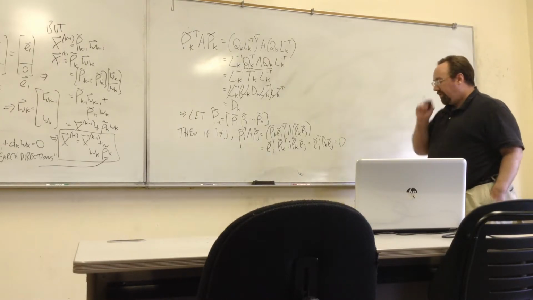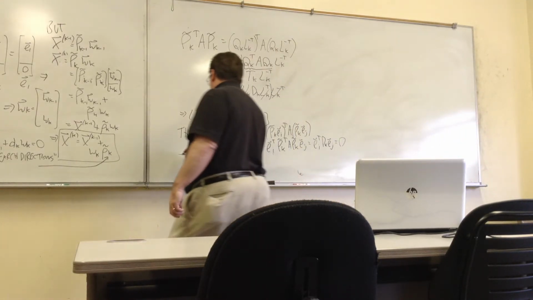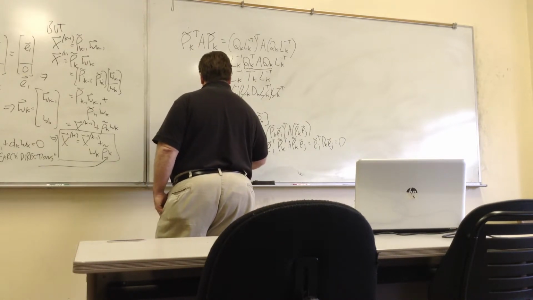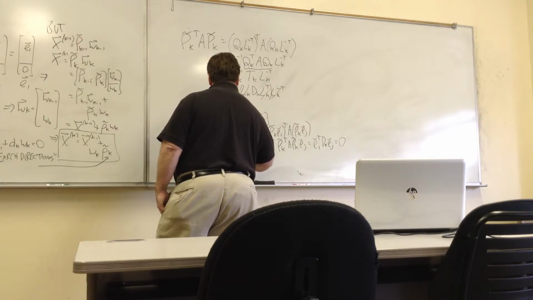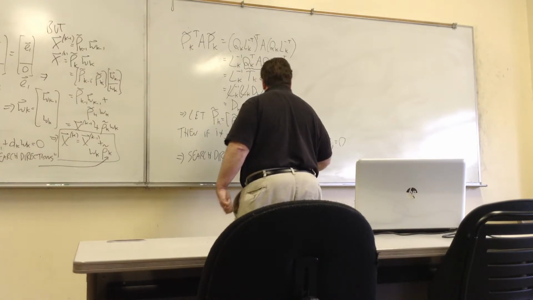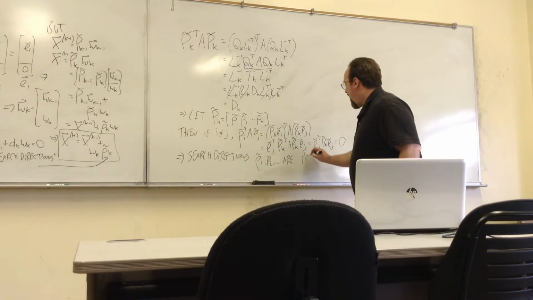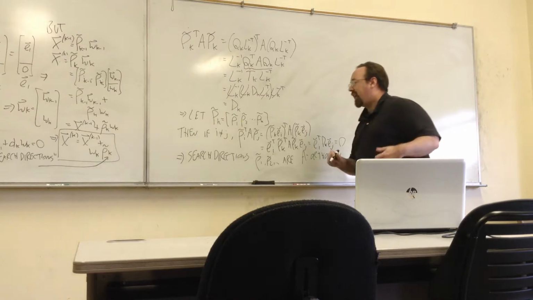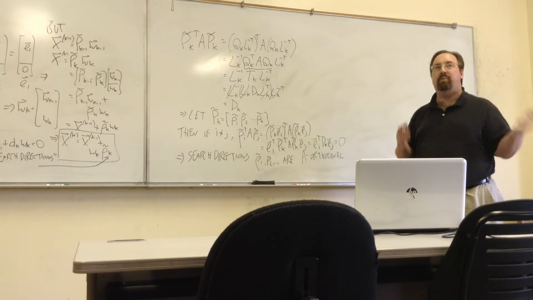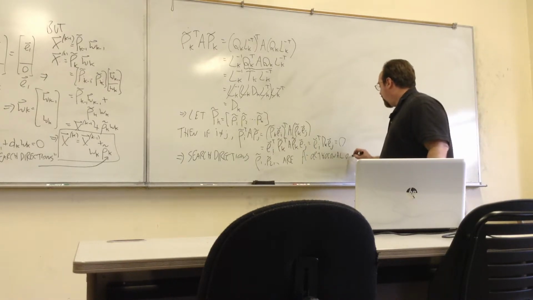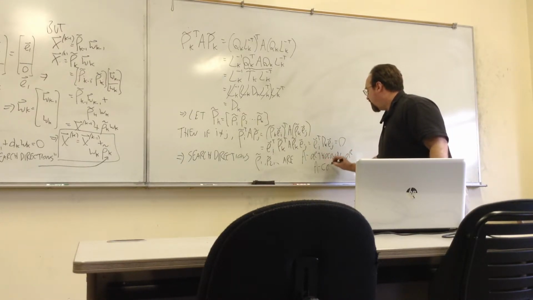So what that means is the search directions, the vectors P1 tilde, P2 tilde, and so on, are not orthogonal, they are said to be A-orthogonal. Because if you had Pi transpose Pj equals 0, that would be orthogonal. But there's an A in the middle, so we say they're A-orthogonal, or another term for it is A-conjugate.